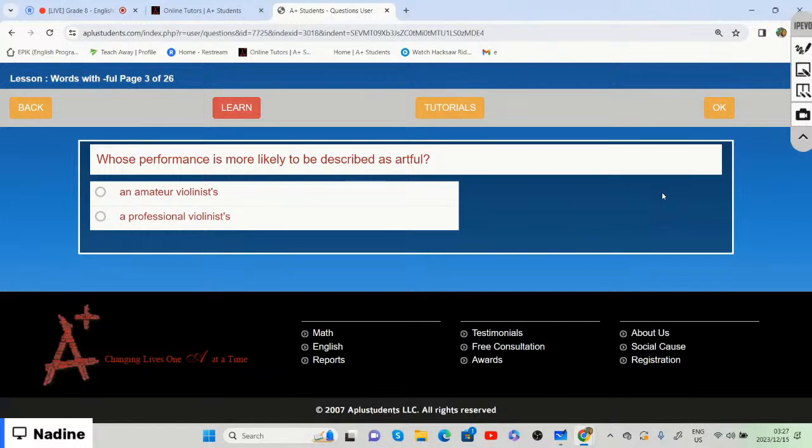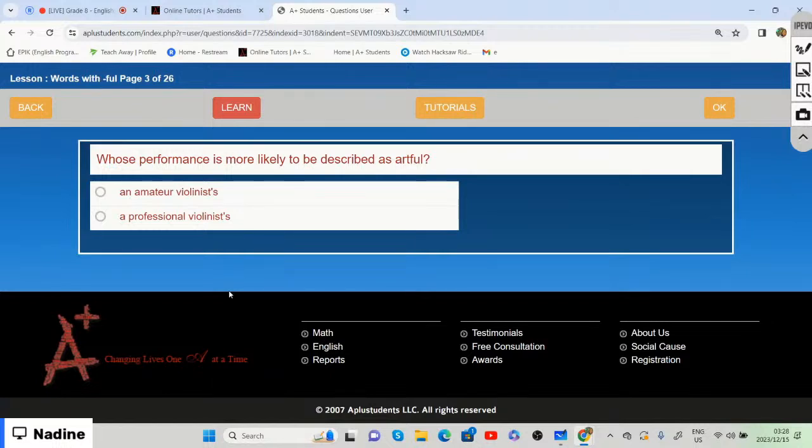And whose performance is more likely to be described as artful? So artful, is it an amateur violinist or a professional violinist?